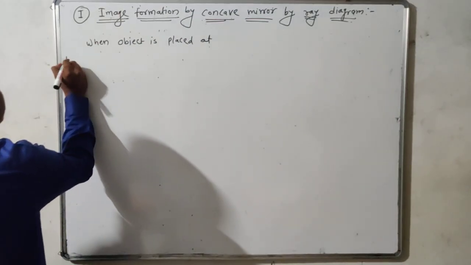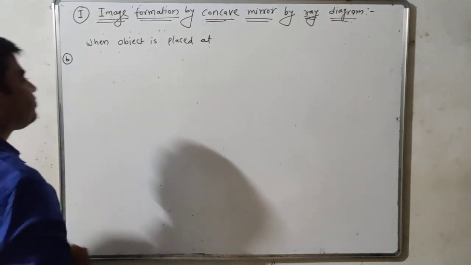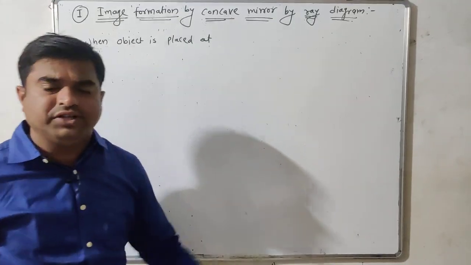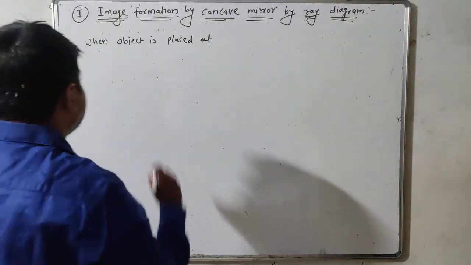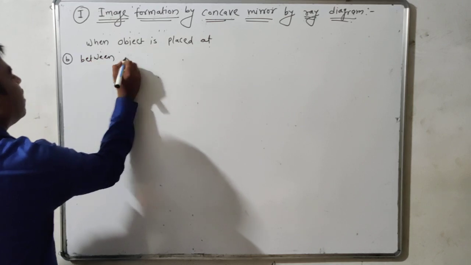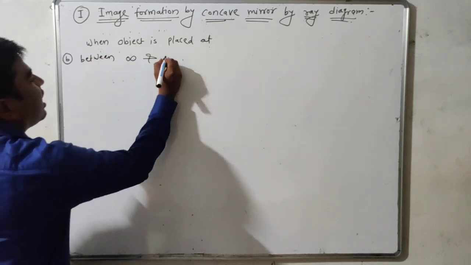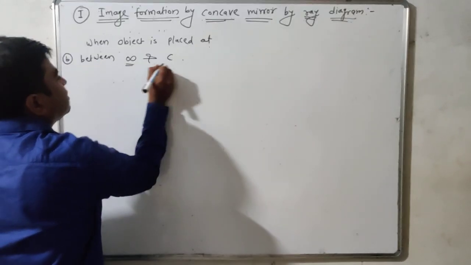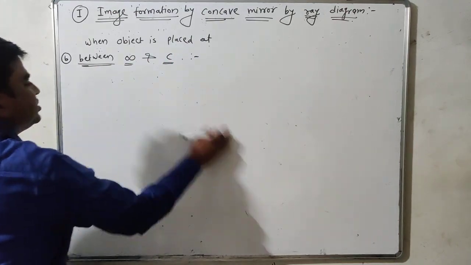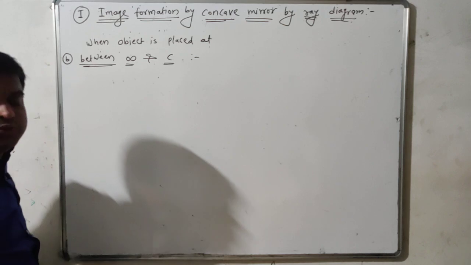Now student, if we move that object towards the center of curvature, if now the object is located between infinity and the center of curvature, then what is the position of its image and what is its nature also? Let us understand this also.